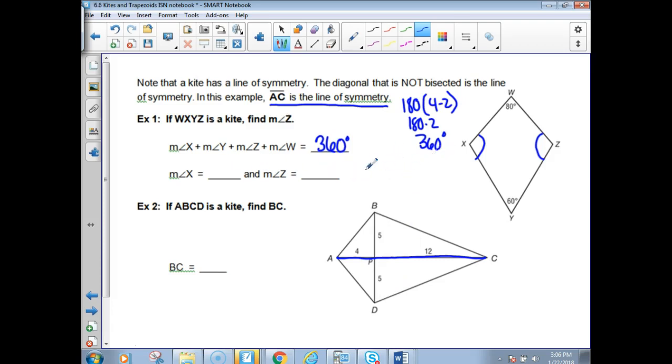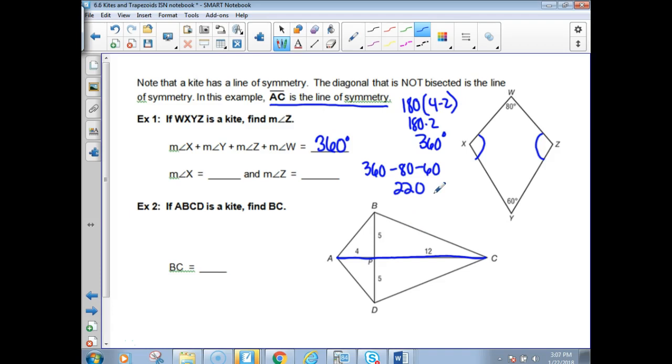Well, let's take that 360 and subtract 80 and 60 and see what we have left to share between X and Y. That's 140, that's 220 degrees is what we got after we subtracted, right?